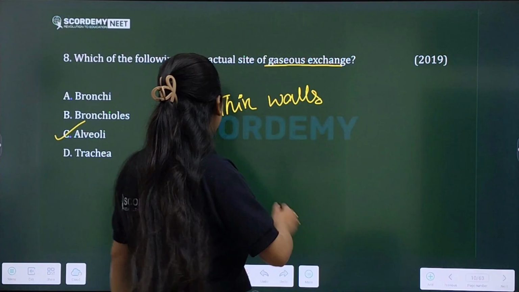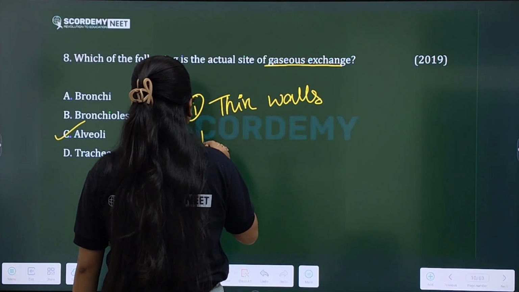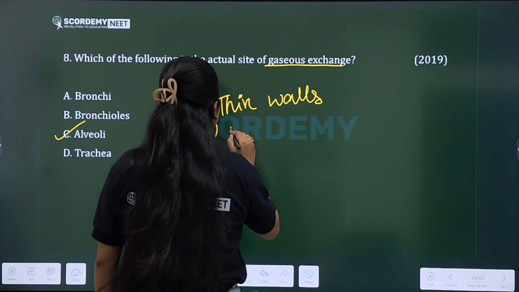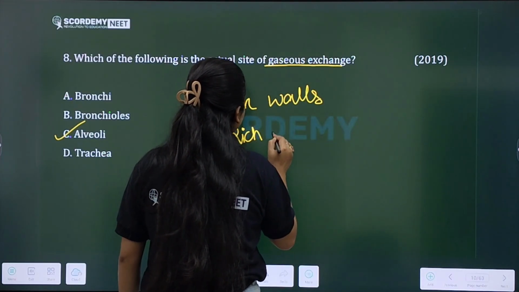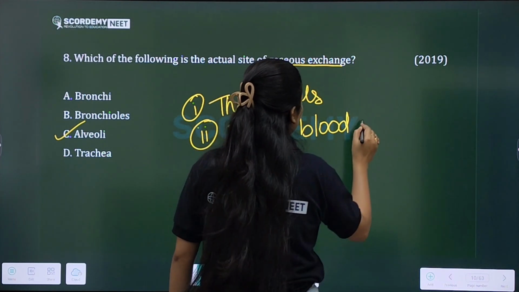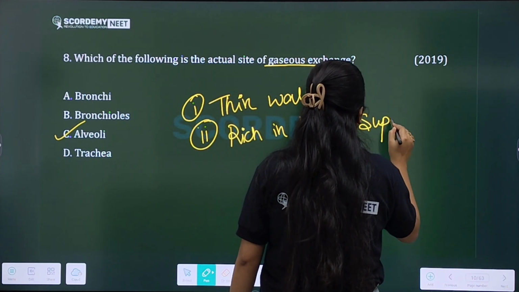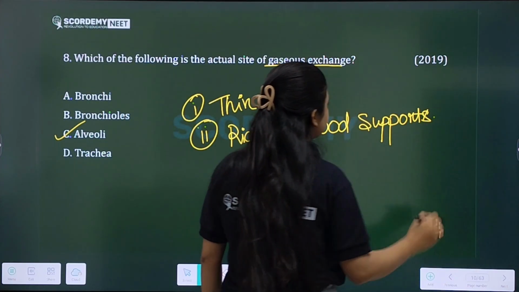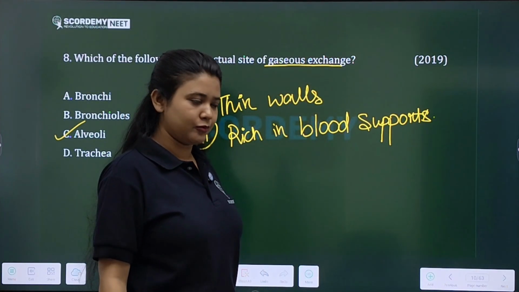Second, the walls of alveoli are rich in blood supply. Together both these factors facilitate the exchange of gases in your alveoli.